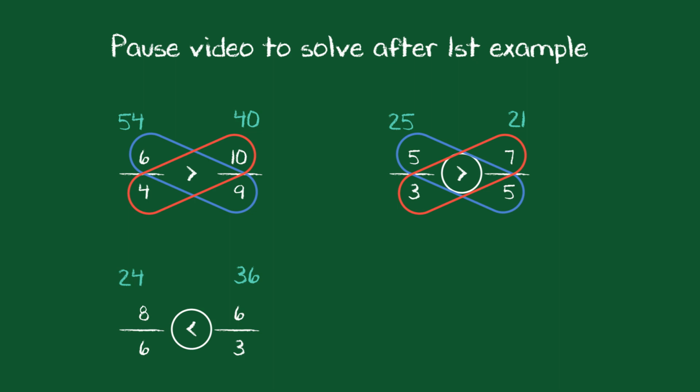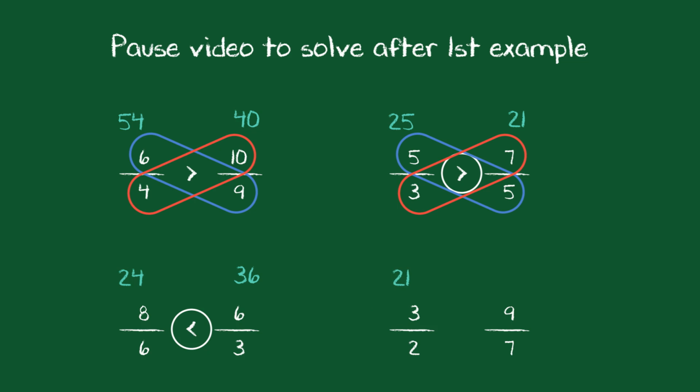Now, the original problem is 3/2 is greater, less than, or equal to 9/7. First, multiply the means. Factor 7 times the factor 3 is a product of 21. Place the 21 directly above 3/2.